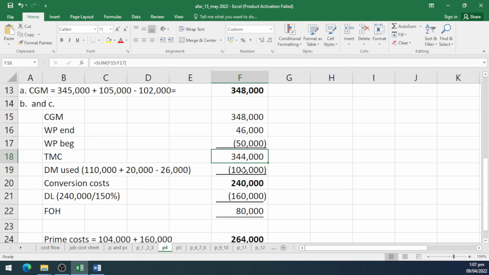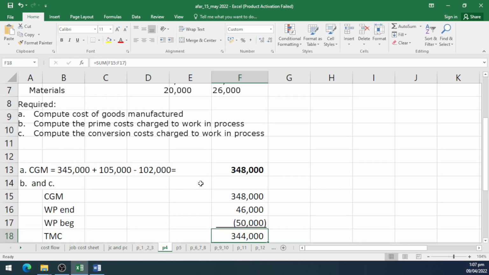344 na total manufacturing cost. Yan po yung tatlo, yung direct materials used, yung DL, tsaka factory overhead. So, if we deduct our direct materials used there, the conversion cost is 240. And then, we make an analysis of that dahil 50% of DL yung ating overhead.